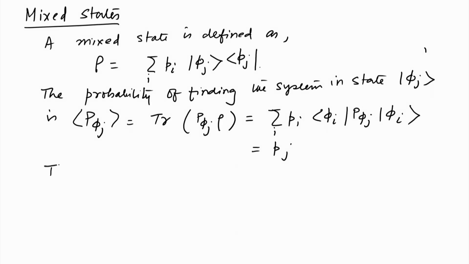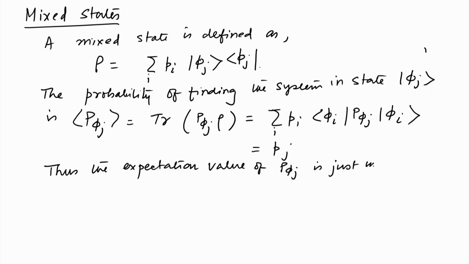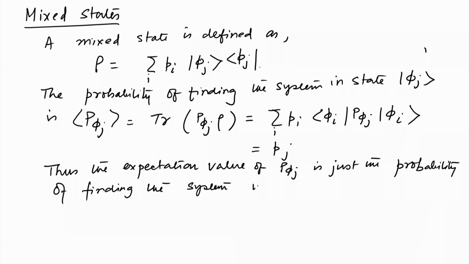So, thus the expectation value of p phi j is just the probability of finding the system in a state phi j.